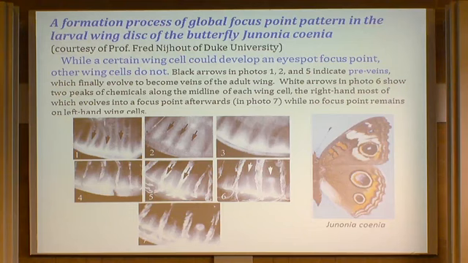This was given by Professor Fred Nijhout, and this shows the formation process of the global focus point pattern in the larval wing disc of the butterfly species Junonia coenia, with the adult butterfly here.